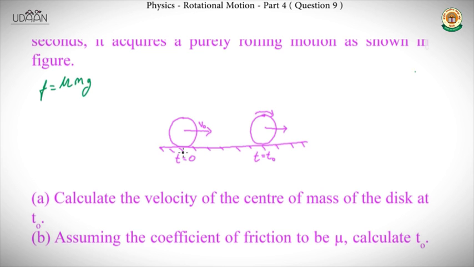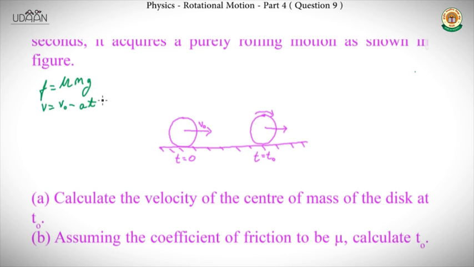However, now due to the frictional force which exists over there, there will be a torque acting on this body which will cause a rolling motion to start. Now, to reach the rolling motion, the velocity of the center of mass will have to be equal to r omega. Due to the frictional force, there will be a deceleration of the body. Since the initial velocity is v0, we can write the final velocity v equals v0 minus a t, where a is the deceleration of the body and t is the time at which we are calculating the velocity.